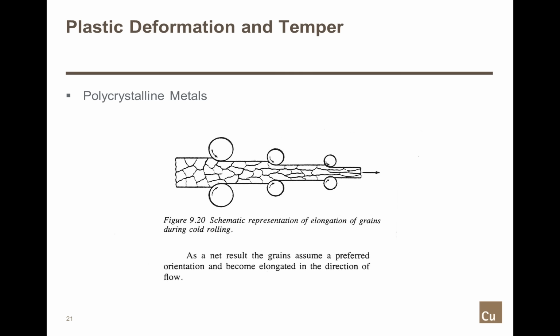In plastic temper, again, metals are polycrystalline materials. Here's a schematic of ongoing rolling of a strip.